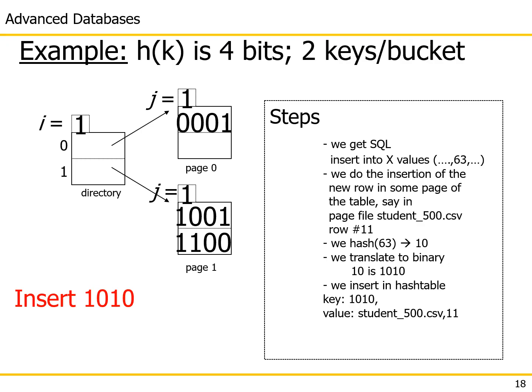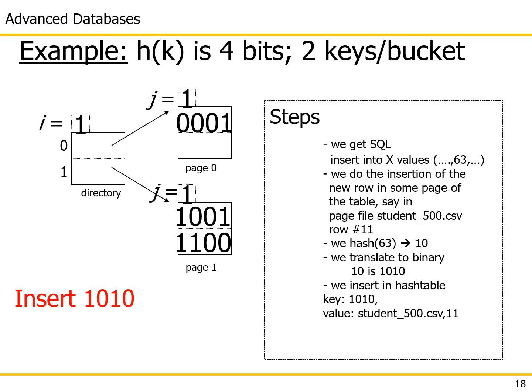All of this is just common sense steps to do the insertion. Now what we're going to do next is work with the extensible hash table to also insert this new value, which is 63, along with a pointer to where this new row exists.